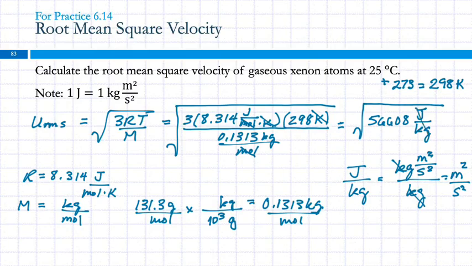So instead of this, I can write meters squared per second squared. Then when I take the square root of that number, I get 237.92 meters per second, or 238 meters per second.